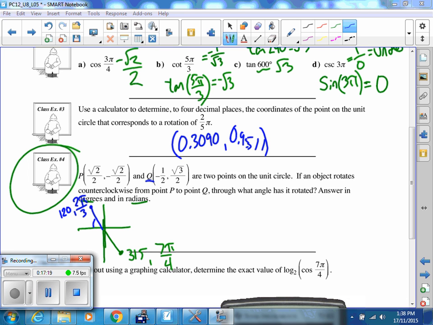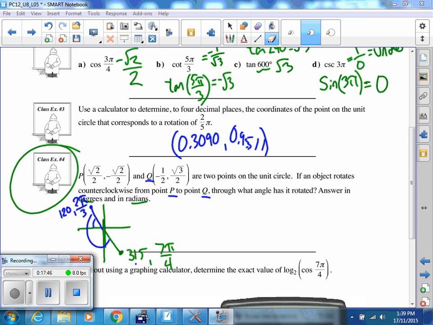So now what I need to do is go counterclockwise from P to Q. This is P, and counterclockwise, the clock runs that way, so counterclockwise is going to run that way. So it's going to go like this. Did I do that right? I'm about 40% sure that I did. Clock. Where's the clock? No, I did my counterclockwise wrong.